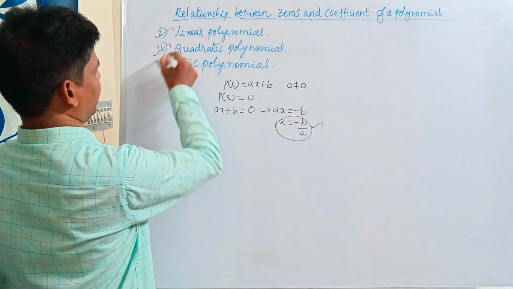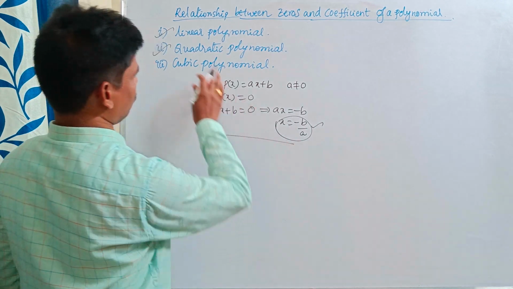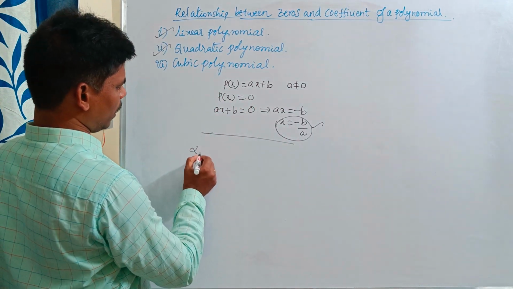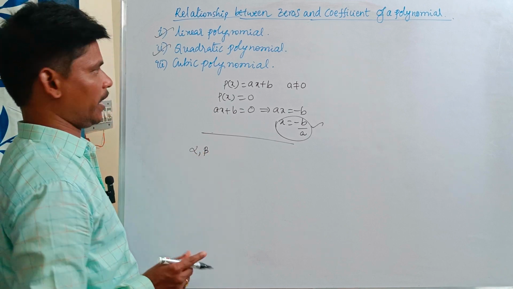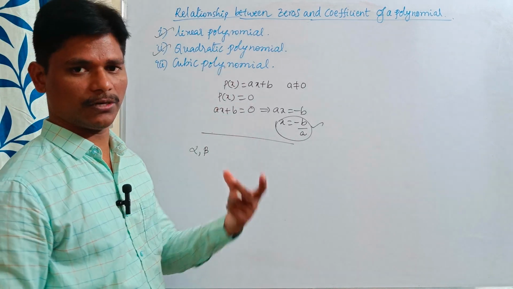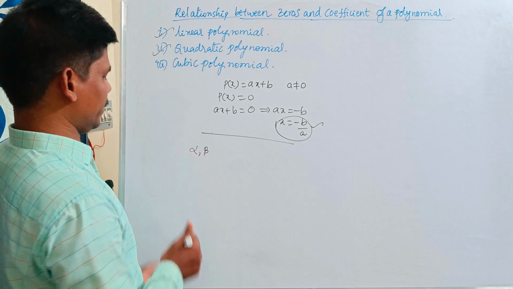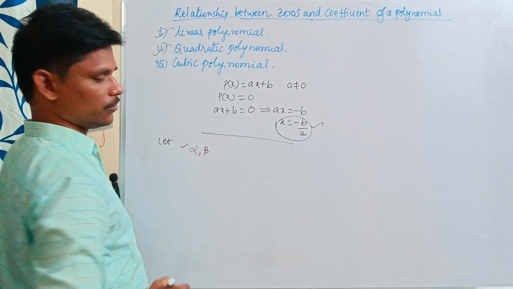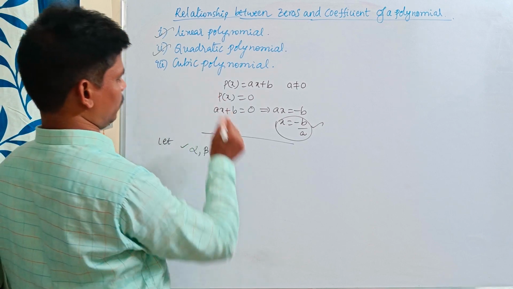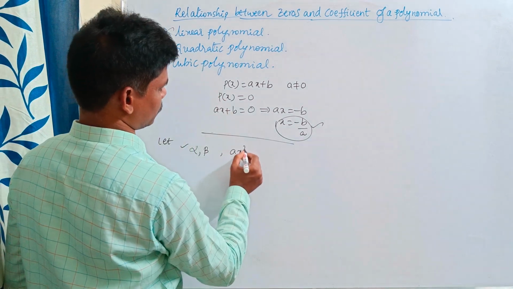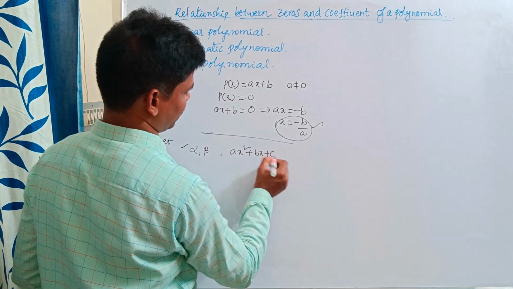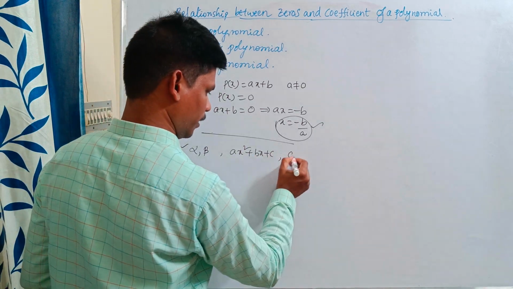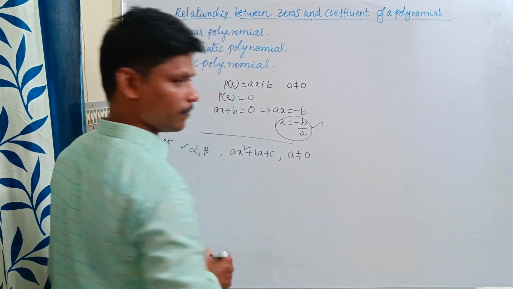Next, the quadratic polynomial. A quadratic polynomial has at most two zeros. Suppose alpha and beta are the two zeros of a quadratic polynomial ax square plus bx plus c, a not equal to 0.